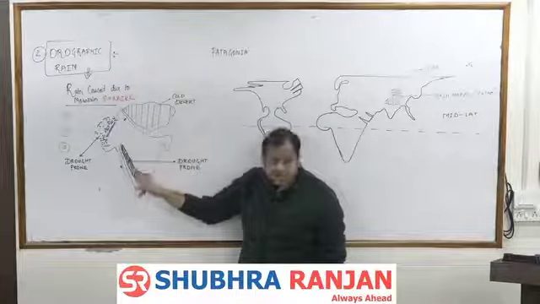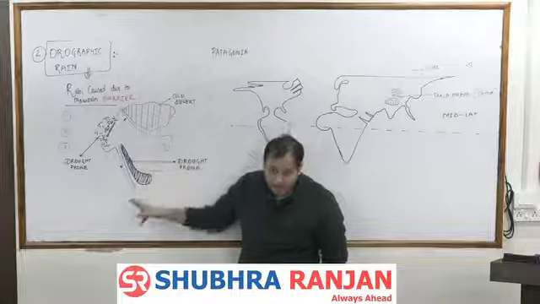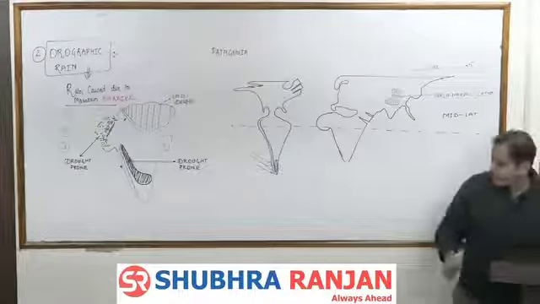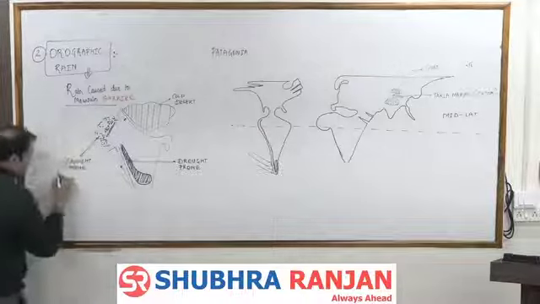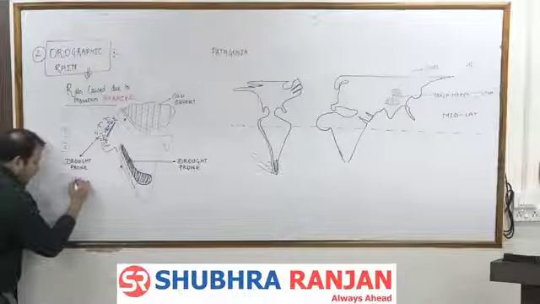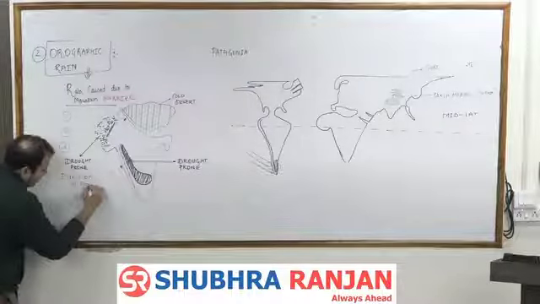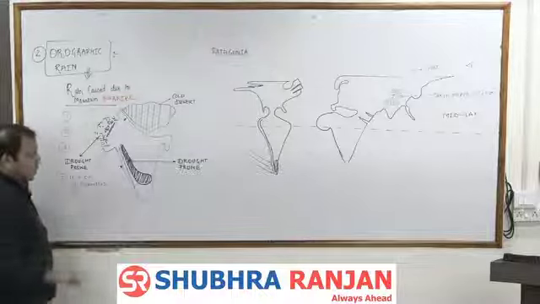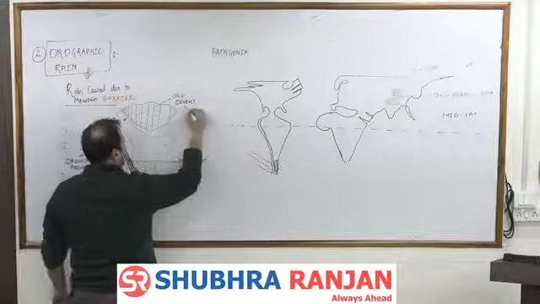While this is a semi-arid, drought-prone region due to the rain shadow effect of the Western Ghats. This is drought prone due to the direction of Aravallis. If the Aravallis were not parallel, this would have been a rainy region. This is cold desert due to the rain shadow effect of Himalayas.